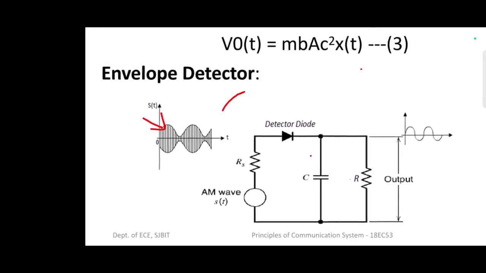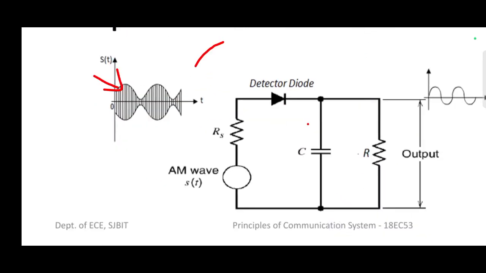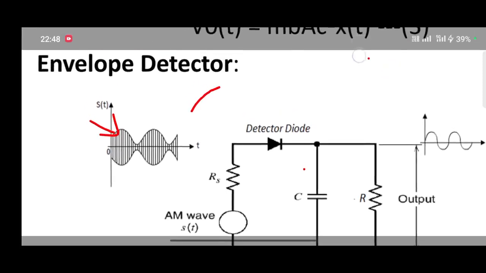So this R value that we choose here is purposefully a very large resistance value.